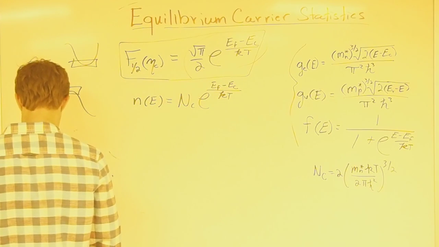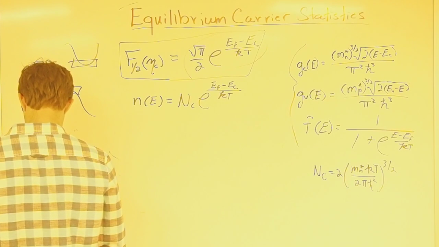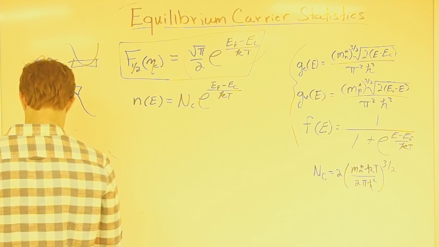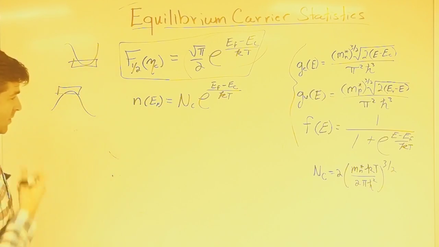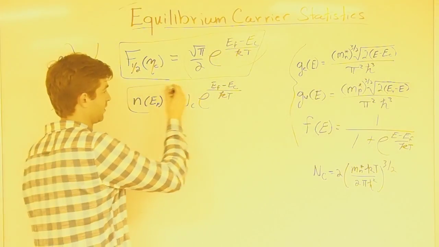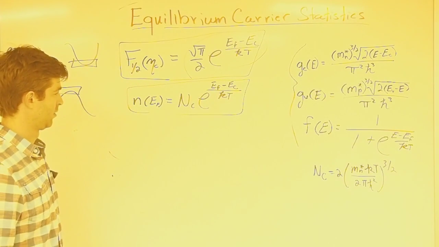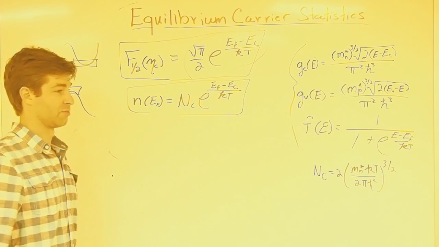I may have made a little mistake there. Let me just double check here. I think E_F is supposed to be E. No, that's correct. Okay. Right. So this is the number of electrons per centimeter cubed in the conduction band.